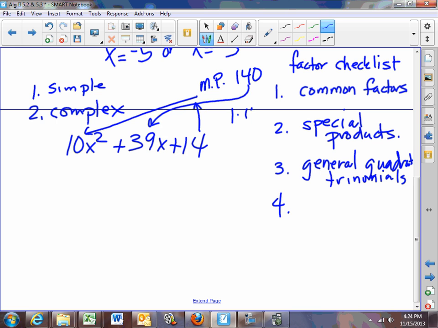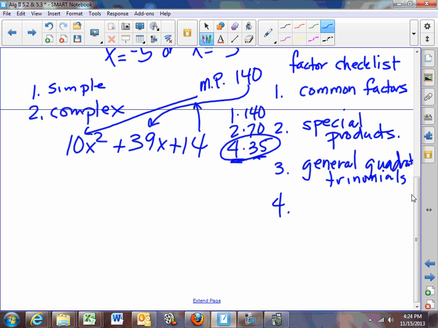1 times 140, 2 times 70, 3 doesn't work because 3 doesn't go into 140 evenly, 4 times 35, and the fact is, that's the pair that works. So even though there are more, we can stop. We found the pair we're looking for. Now, once you have found the pair of factors of the master product that add to give the middle term, what you do is you split the middle term into 2 terms using these numbers.